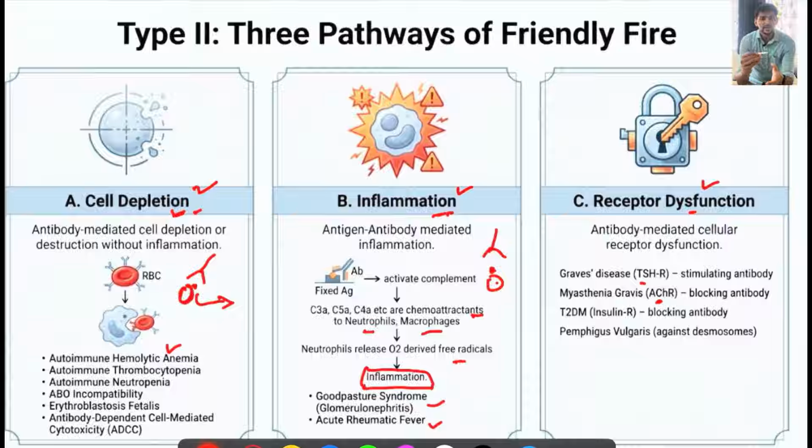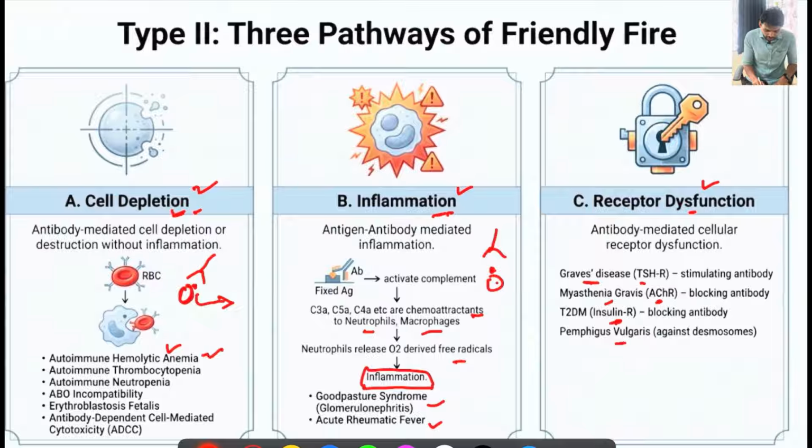But similarly appearing antibodies will come and act there. So these are nothing but a kind of molecular mimicry leading to pathological manifestations like Graves' disease, myasthenia gravis and all. All these are receptor dysfunction. Receptor, that is the kid, is unable to recognize self and the similarly acting antibodies leading to pathological manifestations. So all these are some examples of type 2 hypersensitivity reaction.